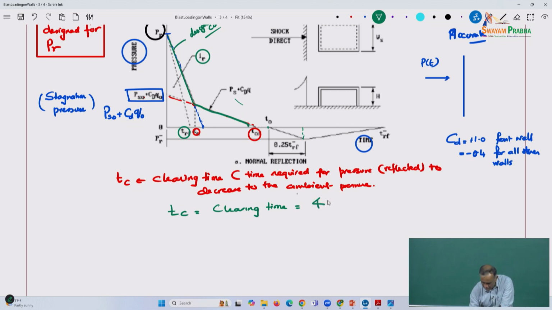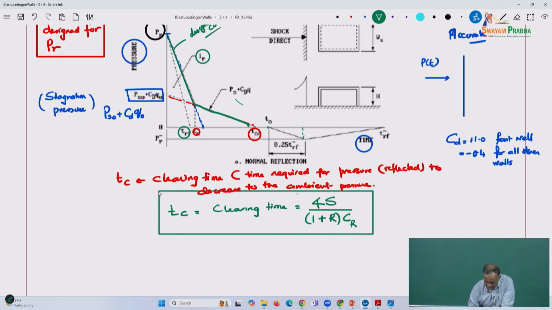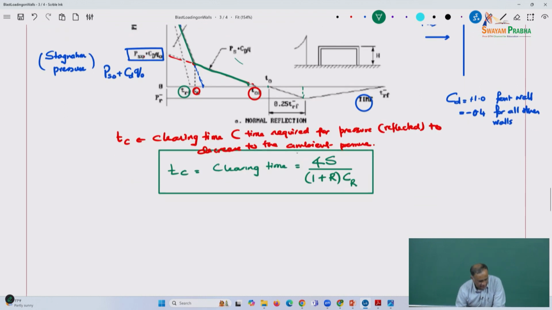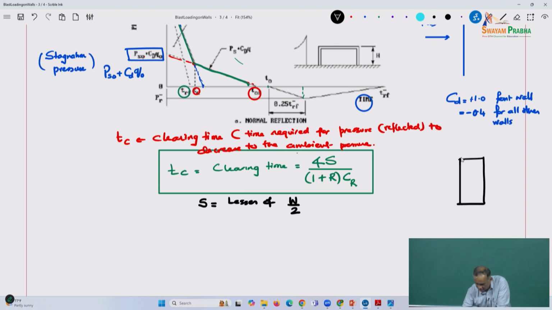This is given as 4S divided by 1 plus R multiplied by a reflection coefficient Cr. A lot more terms are being introduced. S is the lesser of W by 2 or H. Let me redraw the picture of the building.